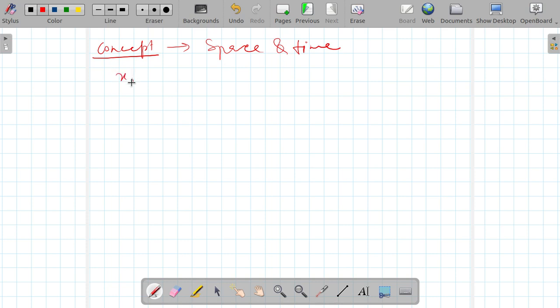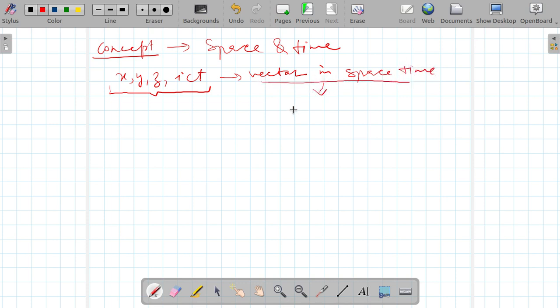Thus x, y, z and iota ct, these are the position vectors, or these 4 points will represent a vector in space-time. And this vector is not a simple vector, but we call it a 4-vector. This is the idea of the 4-vector which is emerging.